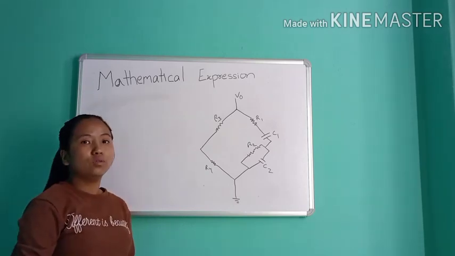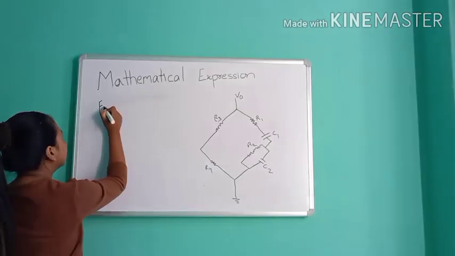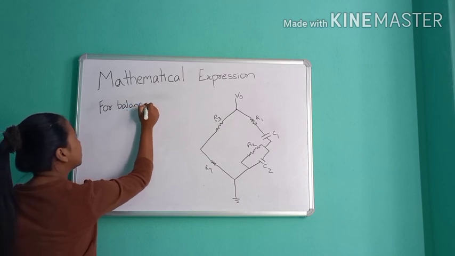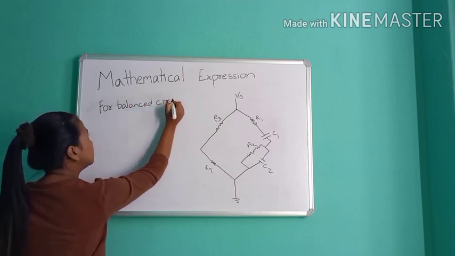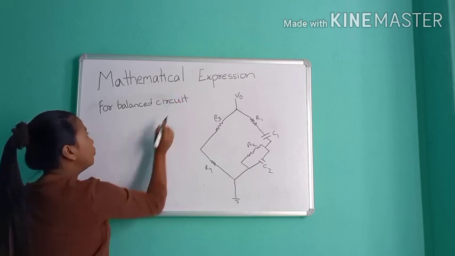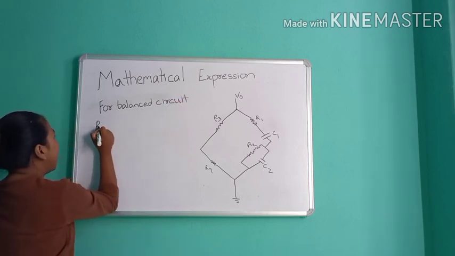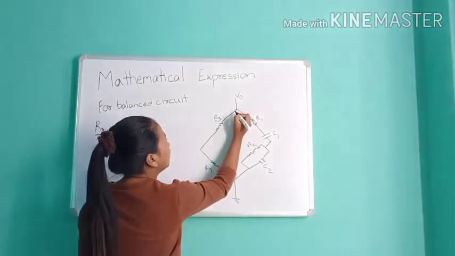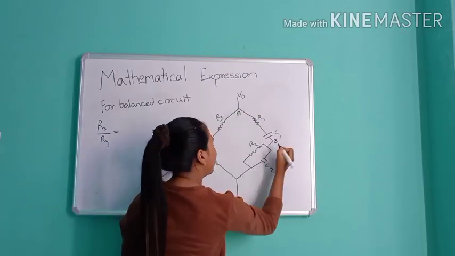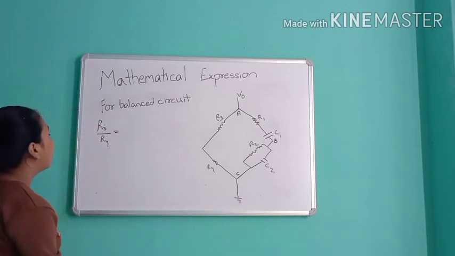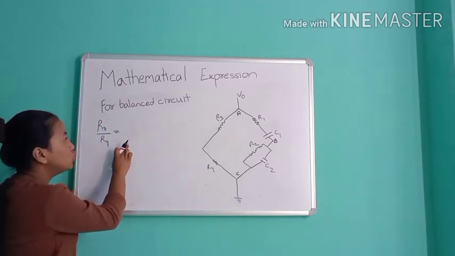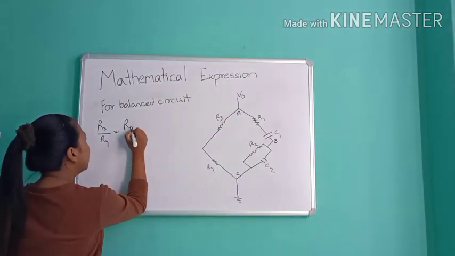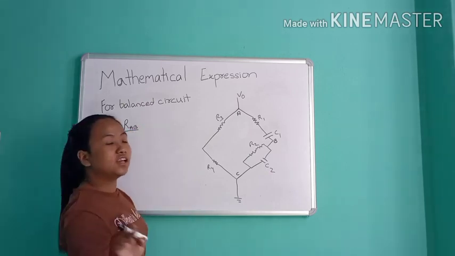So we know that for balanced circuit, R3 by R4 equals to, name it as A, B and C, resistance across AB by resistance across BC.